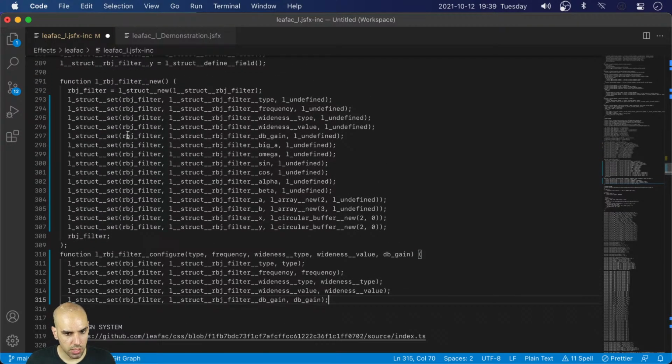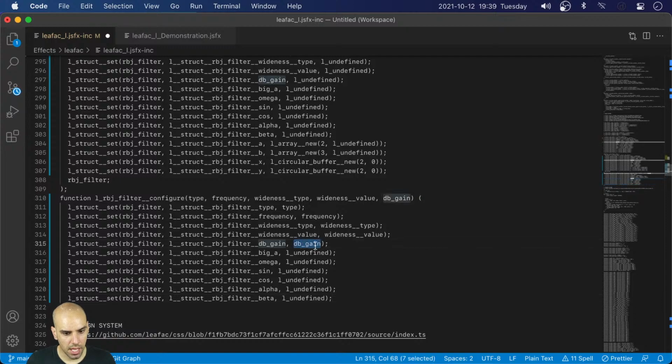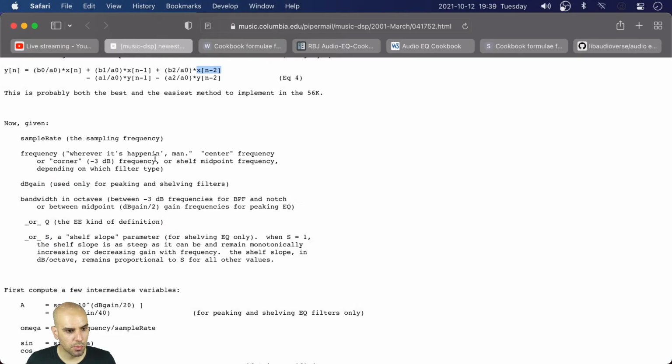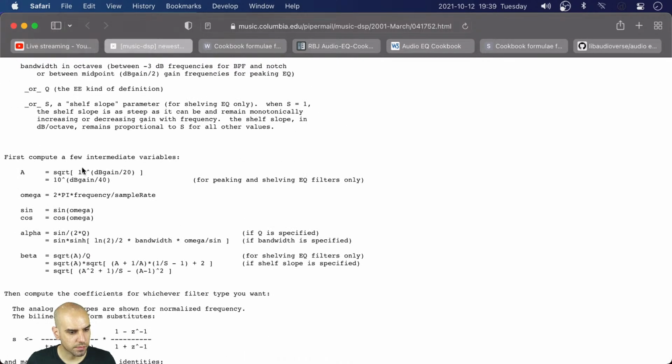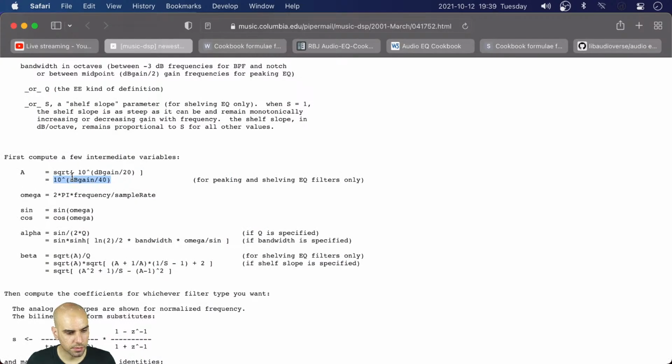But next we need to compute these guys. So let's go ahead and do that. So for the dB gain, for big A, we need to have that formula, which is this formula. Oh, and we need to check.